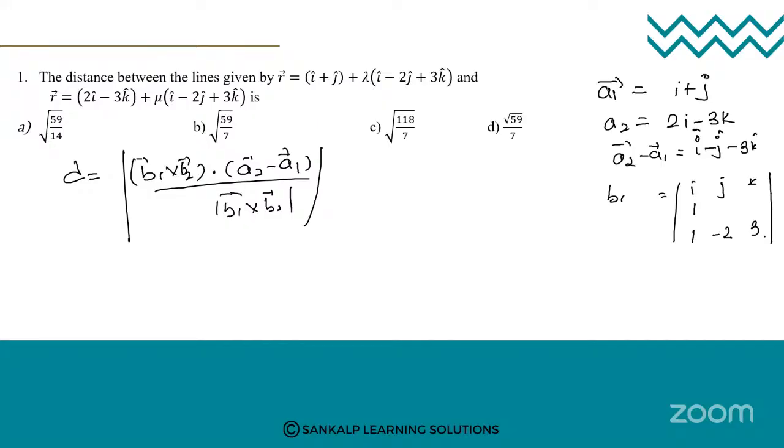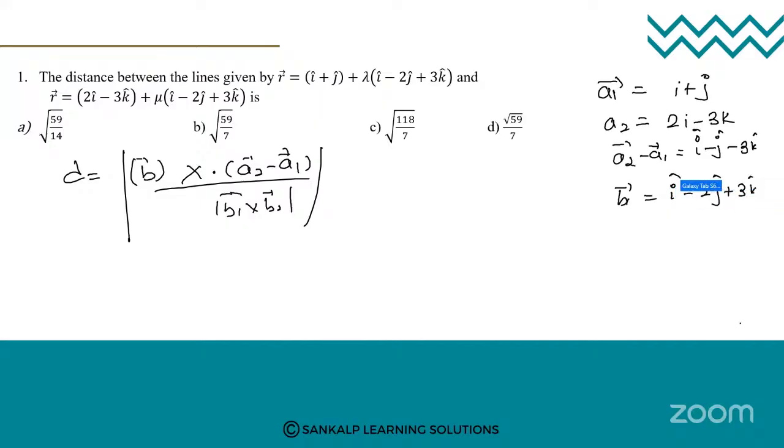See here, what is your hint? The vectors B1 and B2 are the same. That means these two lines are parallel lines. So what is your formula here? B cross A2 minus A1, both B are same. So this is I minus 2J plus 3K.